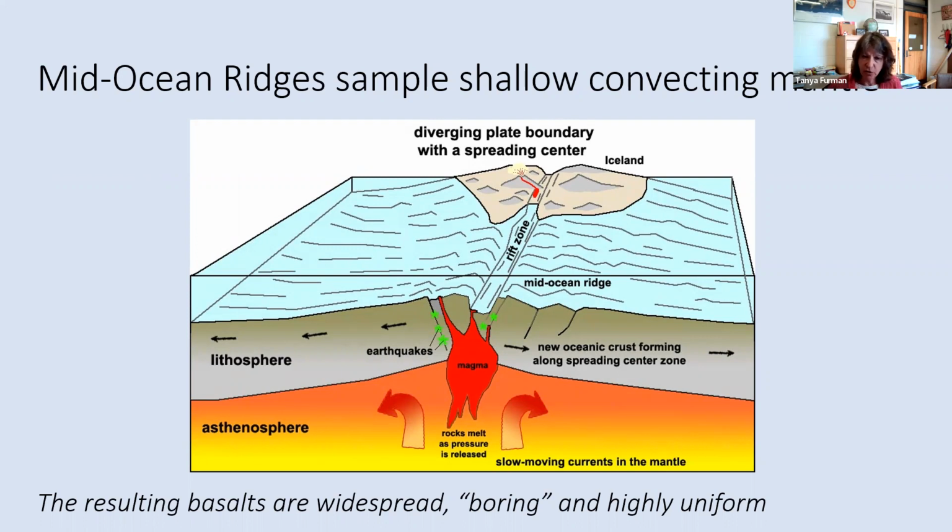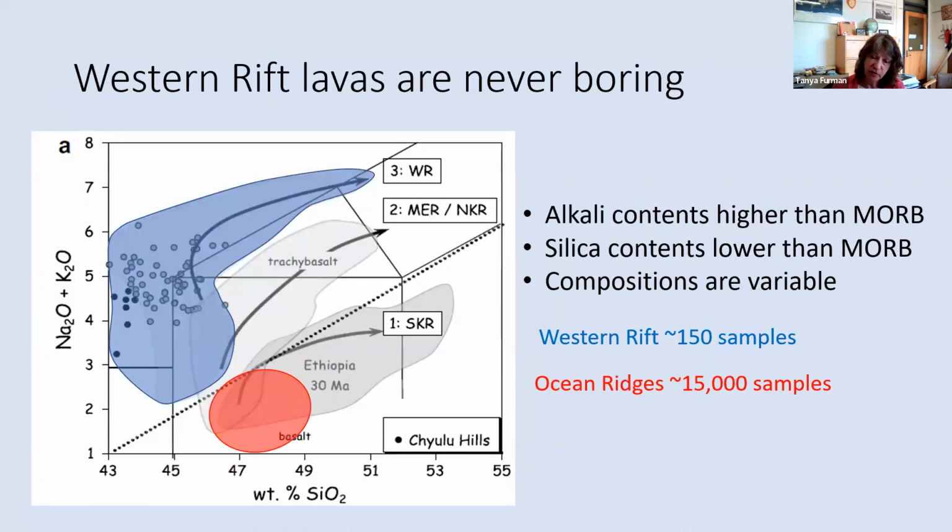And so the ocean, 70% of our planet, is covered in one rock. To somebody like me who loves the Western Rift, I call that boring, but it still tells us about how our planet works. So the key feature for us to remember is that the Western Rift lavas are never boring.